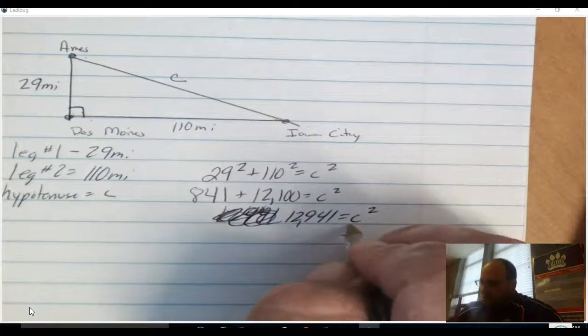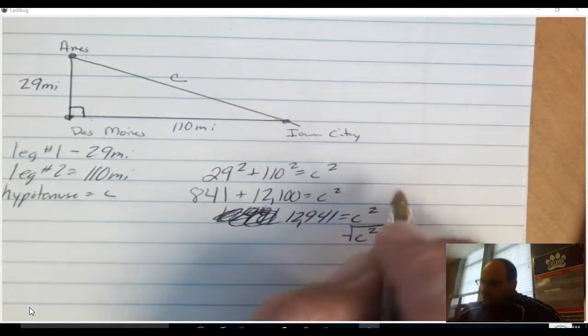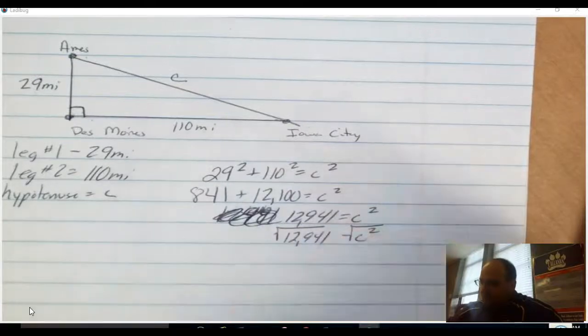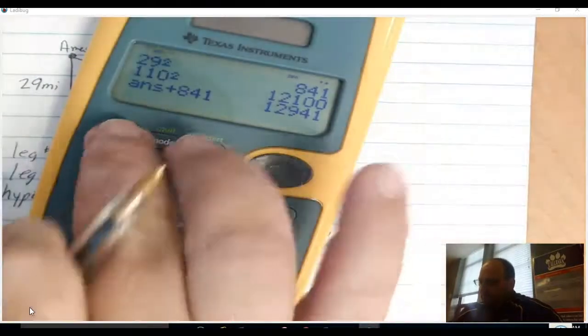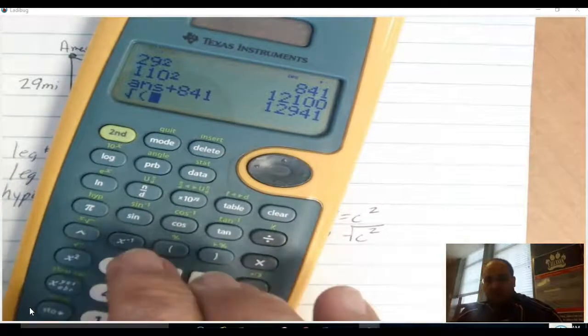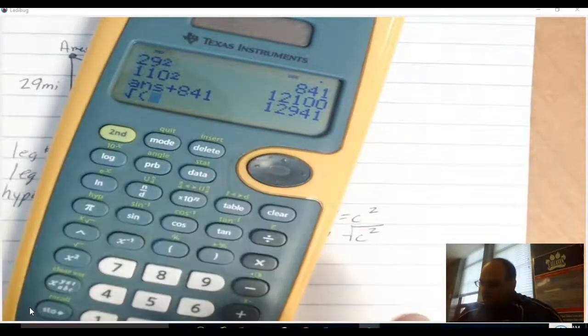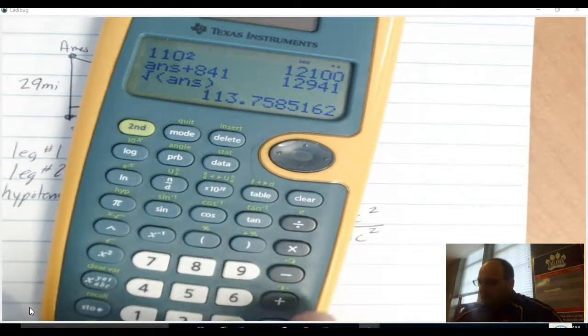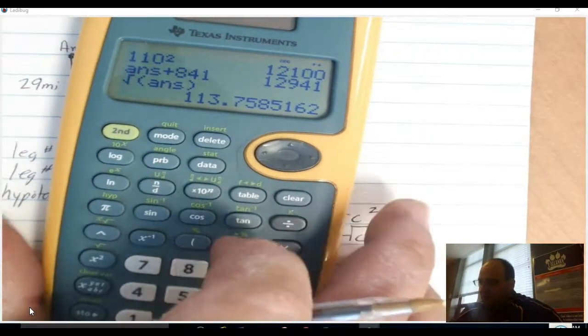I'm going to do the square root to get rid of the squared in C. So I do the square root of 12,941. I'm going to do second x squared, then second answer, because that's going to give me 12,941. And I get 113.75, and that 5 tells me to round the 7 up to 8.